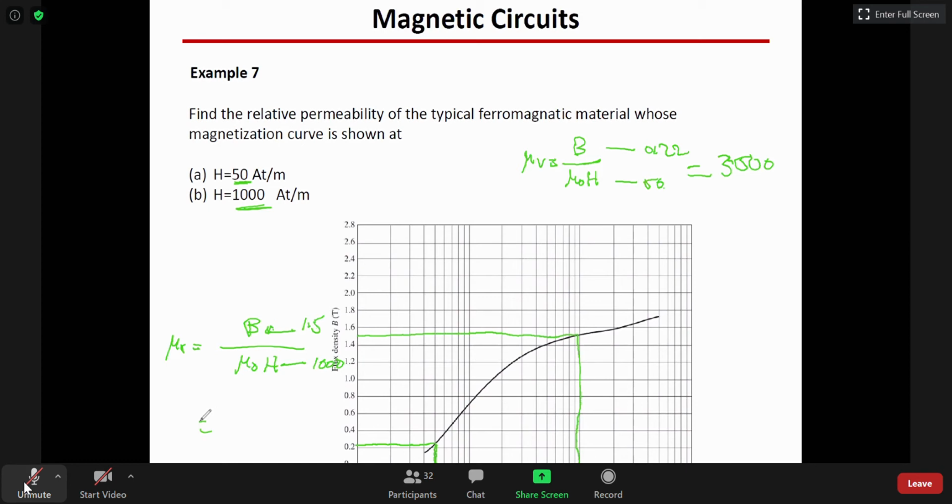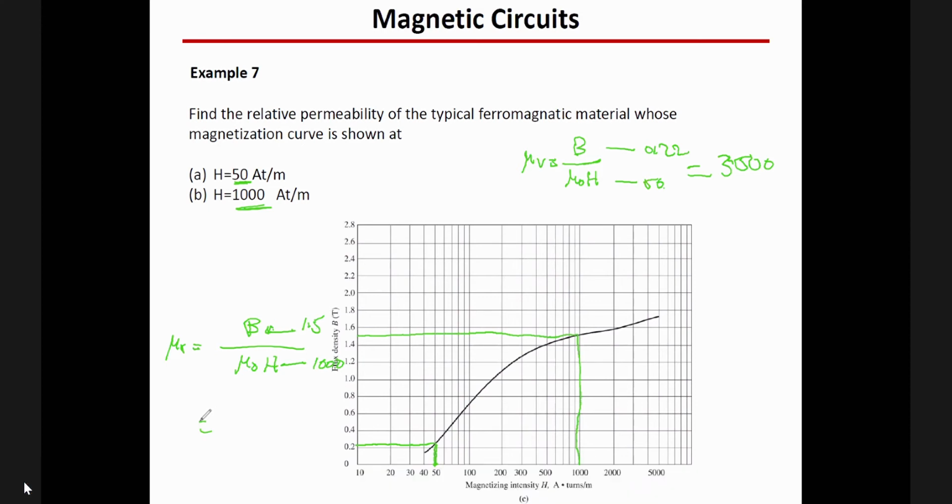So if we calculate mu R, it's going to be 1.5 divided by 1,000, divided by 4 pi by 10 to the power minus 7. This is 1,193.